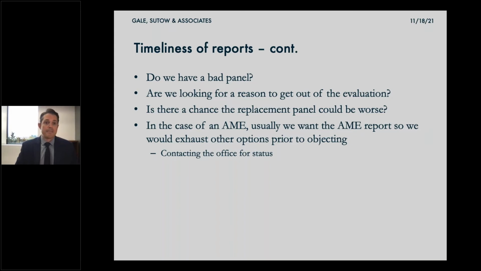Maybe we're going to exhaust some other options like we would do in an AME. When we get an AME report that is not issued within 30 days, maybe we contact the doctor's office and try to get status and find out what the issue is. Just because we have the right to object does not necessarily mean that we should object or that it may benefit us after, because once we object, that's it.